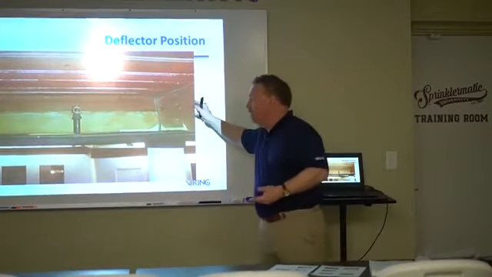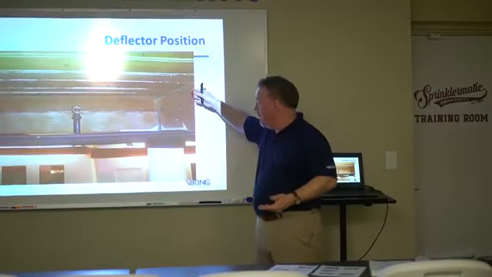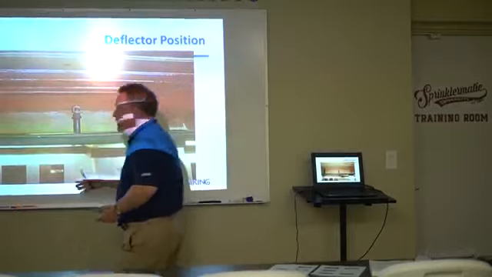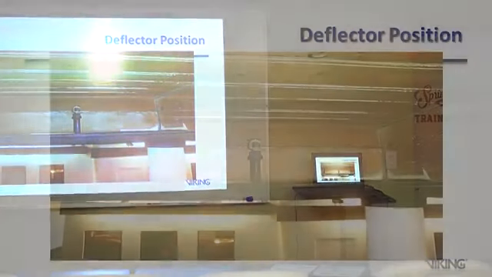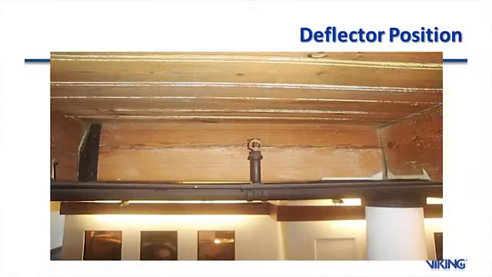Because if I've got an old mill type construction where I've got large beams here and another large beam here, deflector position's got to get up into that pocket and only be a certain distance below the ceiling. And that's going to vary a little bit depending on the installation rules.